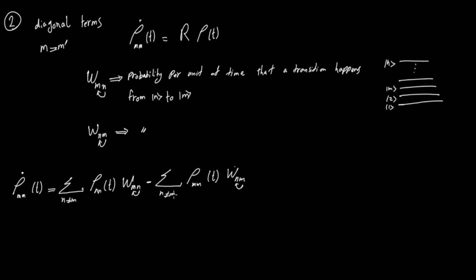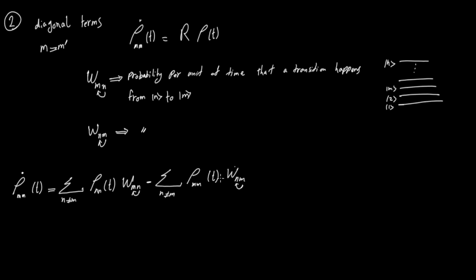And remember, this sigma here says that n is not going to be equal to m, because they are never going to be the same, right? So the changes here are indeed the arrivals to m minus the departures from m.